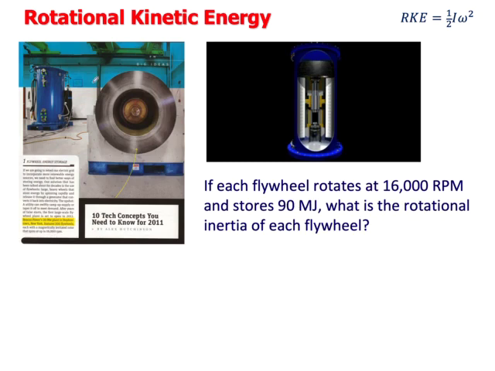And they put them vertically in these cylinders that are at a vacuum, and then have a motor that can spin them up to high speed when there's excess electrical power. And then when the grid needs power, like for example, a cloud goes over your solar panel or the wind stops blowing, you can use the stored rotational kinetic energy in these disks to actually keep the power going.